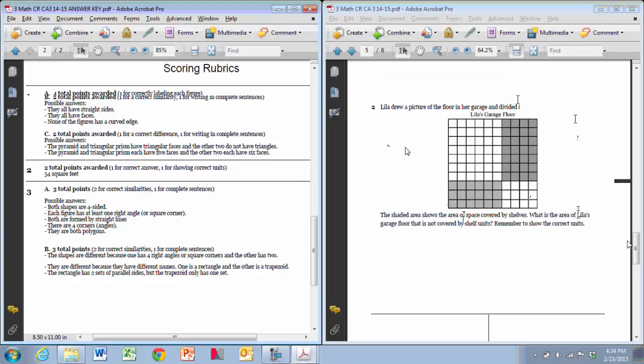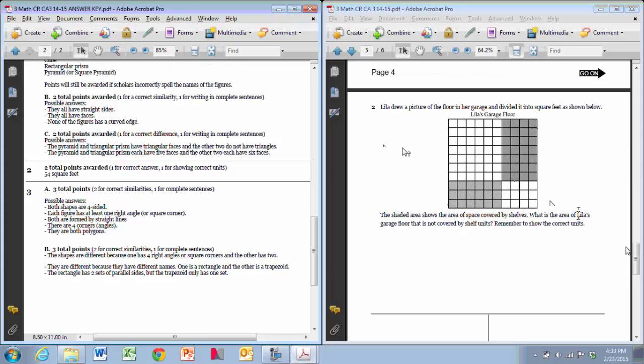So what scholars will need to do is they will need to count the area of the white boxes here and here, or they will need to count the gray boxes and then subtract those from 100. So once they do that, they should get the answer of 54.